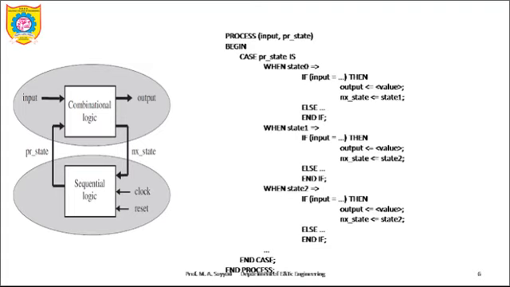That's why in the sequential statements written after when state 0, it includes if input, whatever the condition of the input may be, then this will be the output. Quite obviously your output will depend upon the state as well as the input.